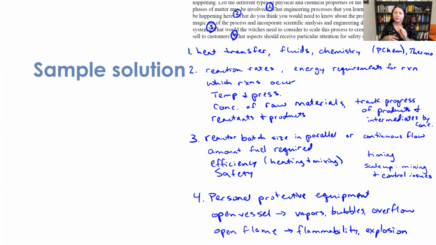So when we do stoichiometry, we reference the spell books with those recipes. When we talk about heat transfer, we look at the flame. When we're talking about the vessel choice, we look at the actual cauldron there.